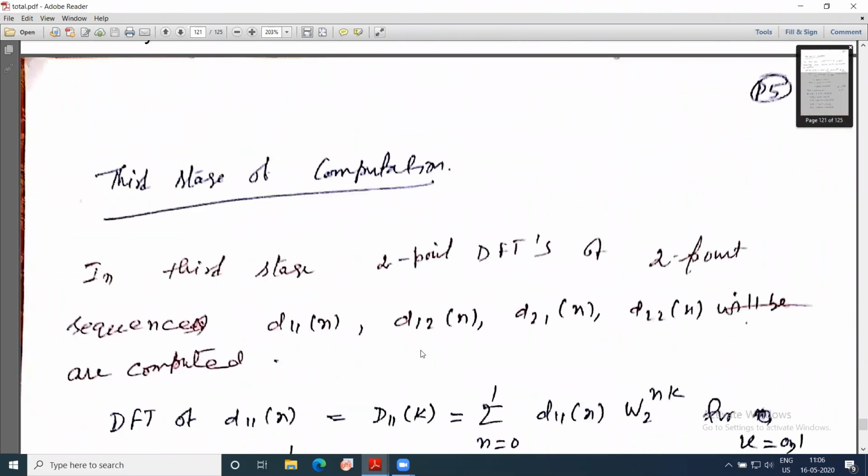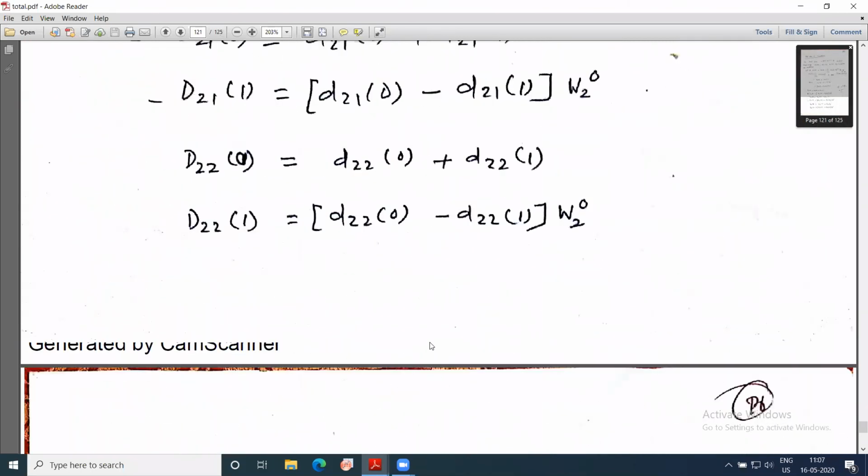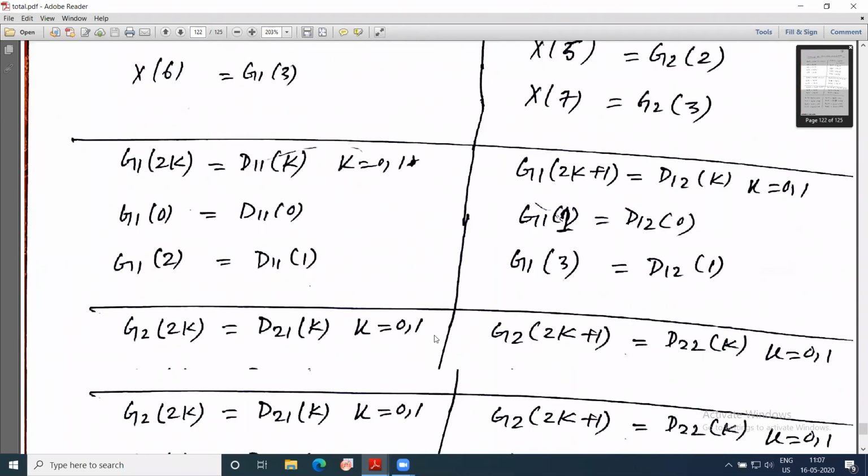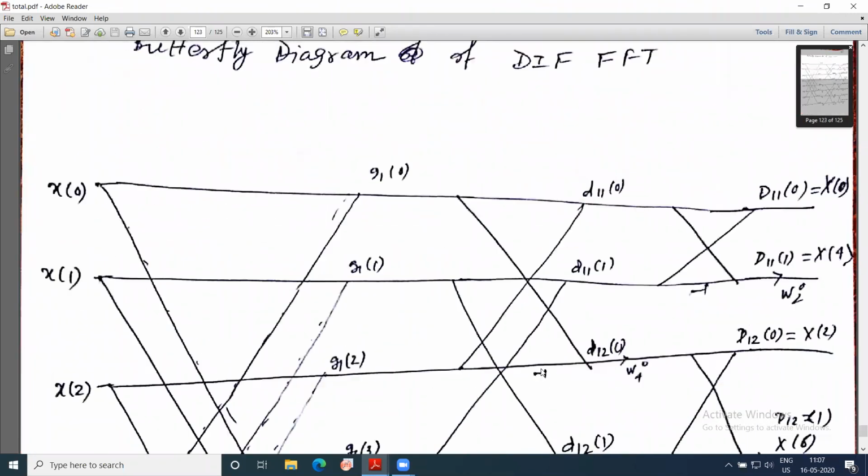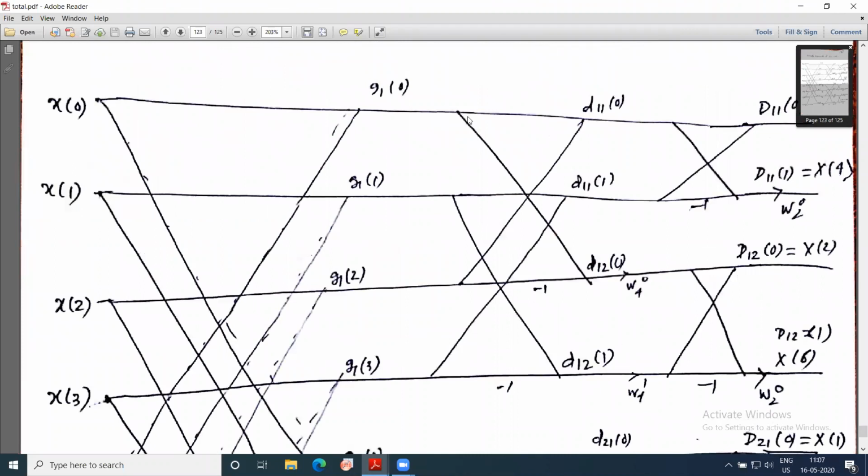Now see, here D11 of 0. So G1 of 0 plus G1 of 2 will get you D11 of 0. And D11 of 1 equals G1 plus G3.